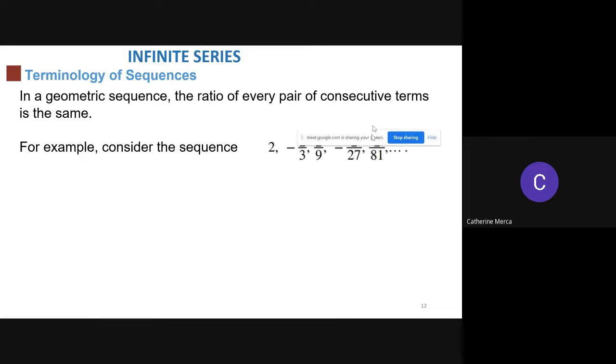This one, 2, negative 2 over 3, 2 over 9, up to this. So notice na alternately positive and negative, no? So we know that after 2 over 81, the next one would be a negative value.